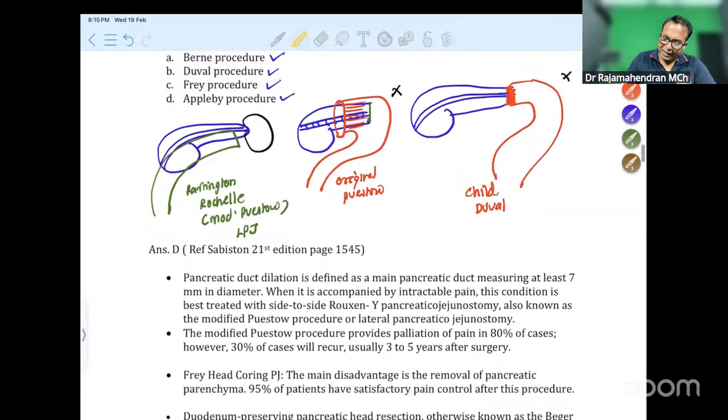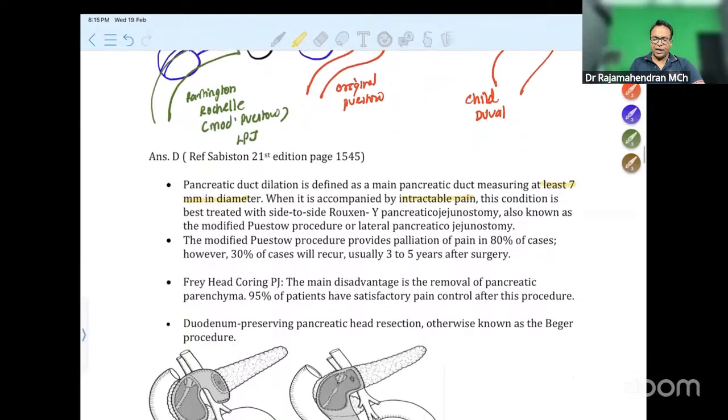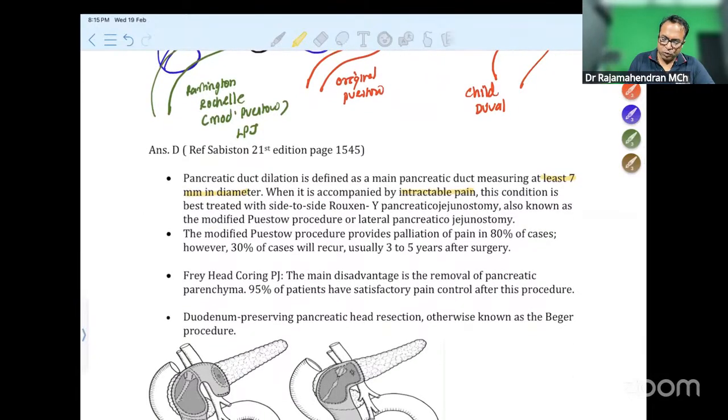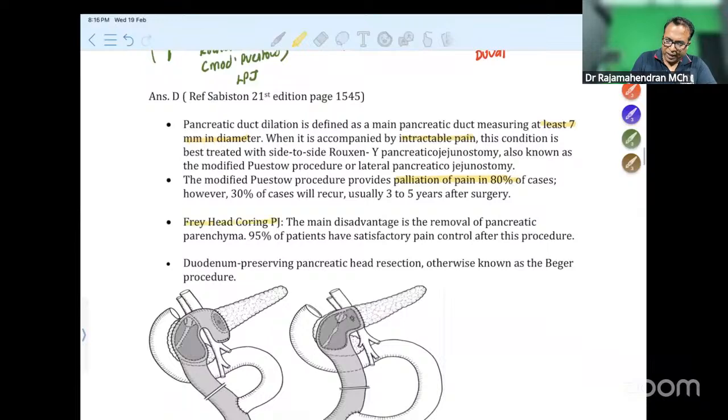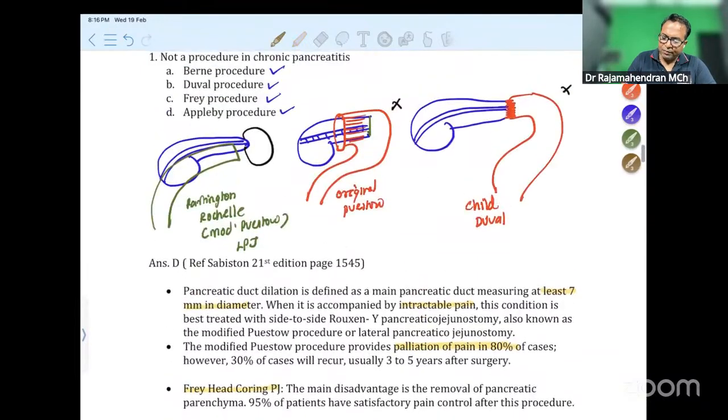Pancreatic duct dilatation is defined as a main duct more than 7 mm. When it is accompanied by intractable pain, this is treated by a side-to-side pancreaticojejunostomy known as modified Puestow. With modified Puestow, palliation of pain is 80%. Therefore, surgeons went on to the next procedure called Frey, head coring. Apart from this drainage, we also did a coring of the pancreatic head.